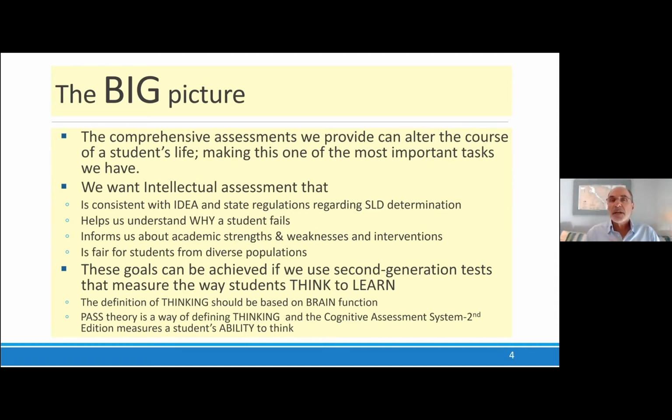We certainly want to understand why a student fails. That's critically important, because unless we know why, we don't really know what to do. We don't really know what to tell the teacher. We might have answers, but they may not be really the answer. And we really want to look at academic and cognitive strengths and weaknesses. The academic and the intellectual processing strengths and weaknesses should be consistent.